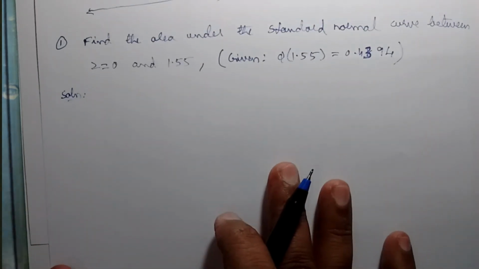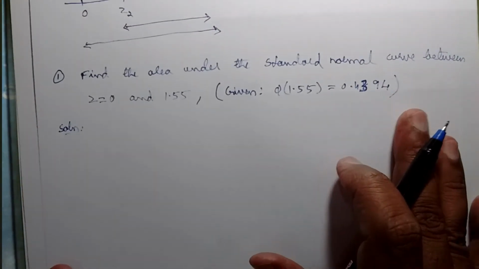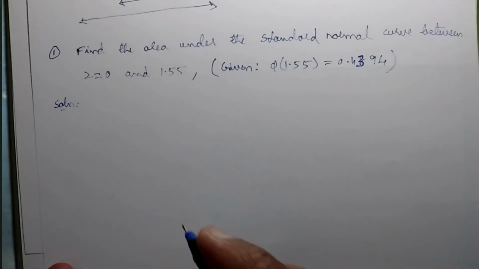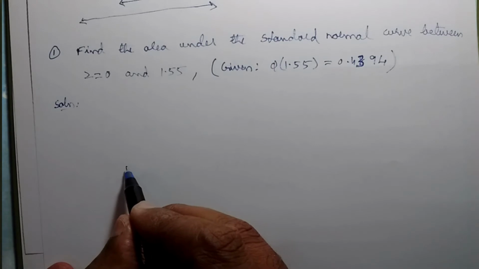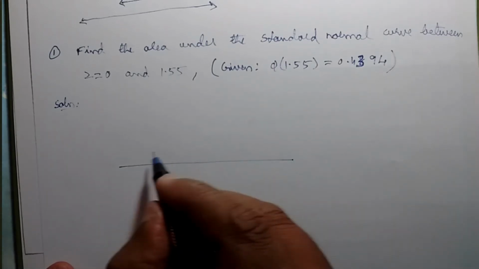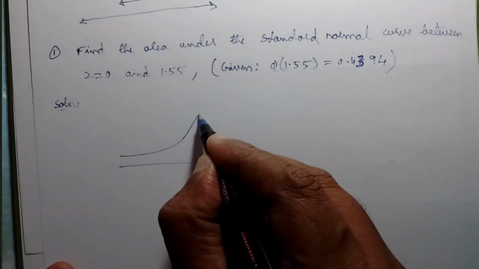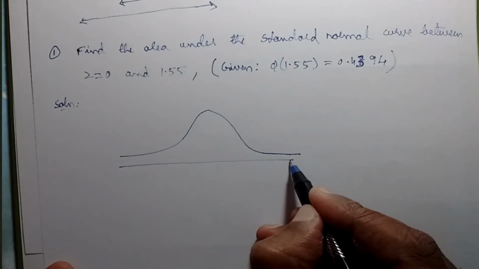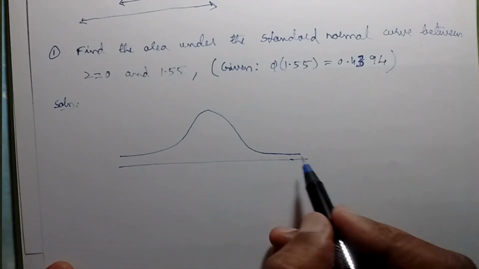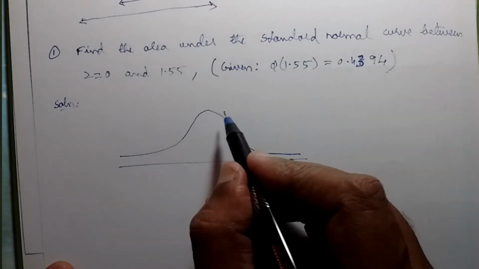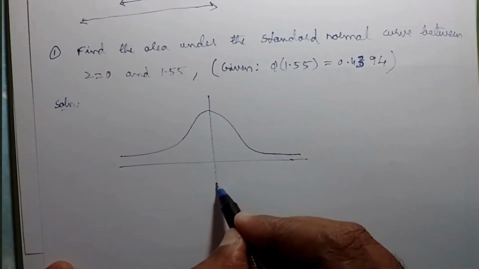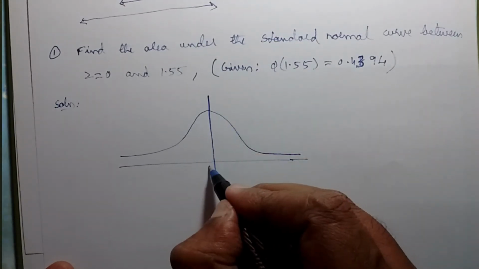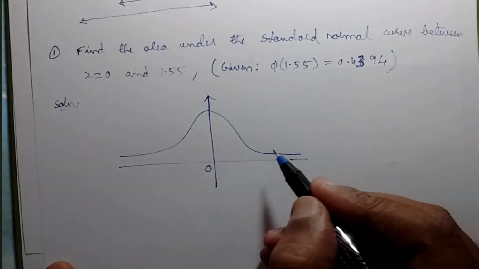Find the area under the standard normal curve between z equals 0 and 1.55. So let us draw the standard normal curve. This is your normal curve. The normal curve will not touch the coordinate axis; it runs parallel on both sides.